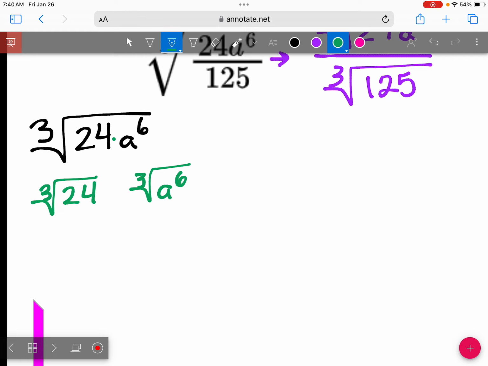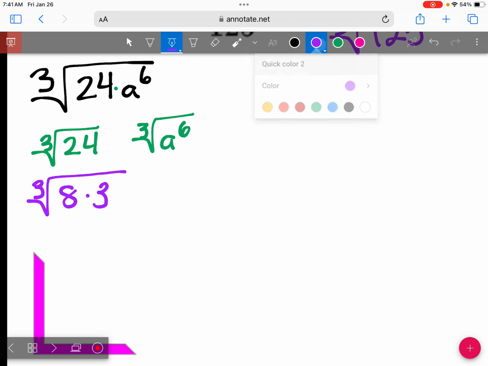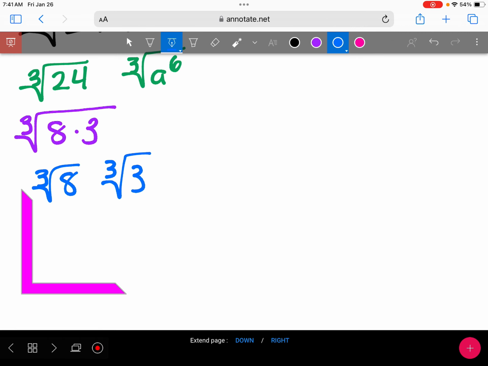No. Does it have a perfect cube as a factor? Which one? 8. Yeah. I can rewrite 24 as 8 times 3, right? And we can do the cube root of 8 and the cube root of 3. What is the cube root of 8? 2. So this is 2 cube root of 3.